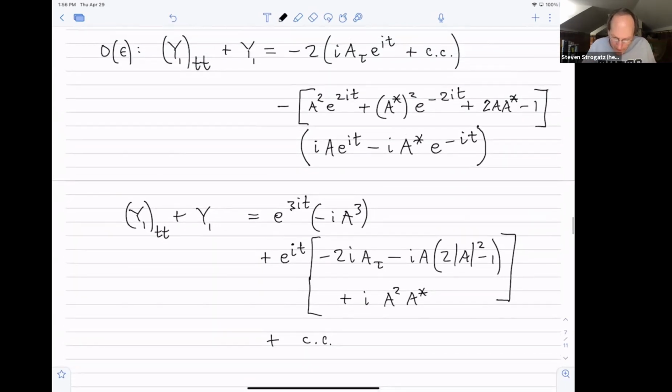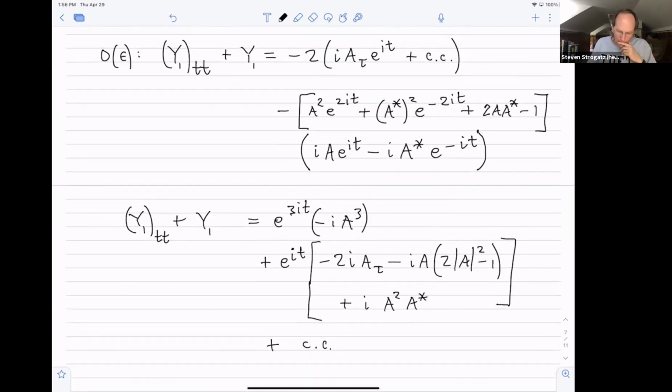So, all right, let's look at this term in the big bracket. How do I generate that term? Well, this right here, a tau e to the it times minus 2, that's appearing here. That didn't come from the cubic. The cubic, though, if I try to read off, how can I get an e to the it out of the cubic? Here's one way.